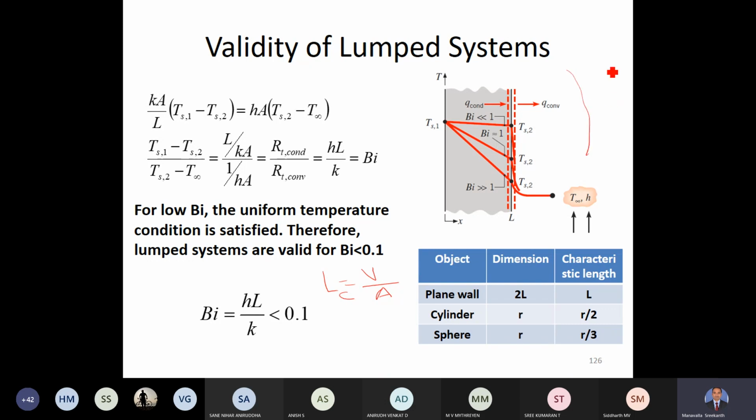Let us say there is a plane wall having a length 2L, and area A. Don't consider this area, the side area, that is how the heat transfer is taking place.